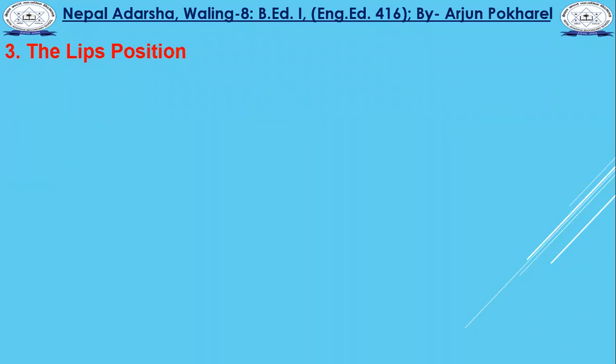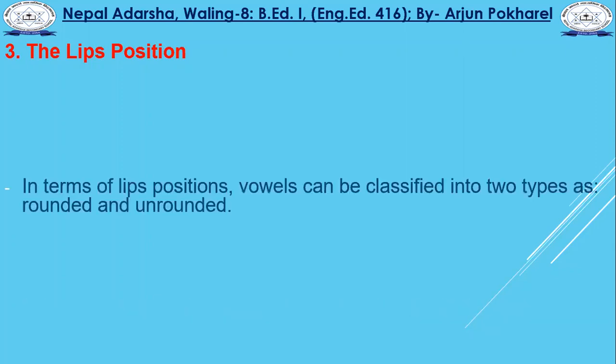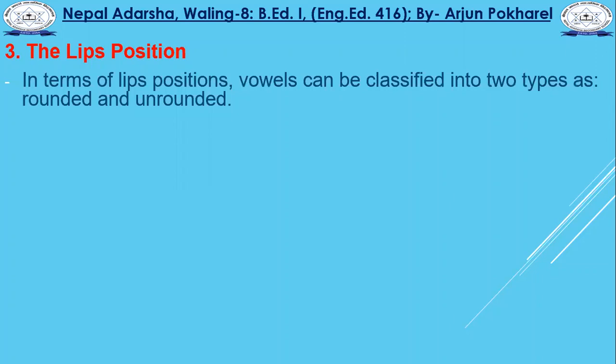In our earlier class we did lip position, and I'd like to revise it very briefly. In terms of lip position, vowels can be of two types: rounded and unrounded ones.